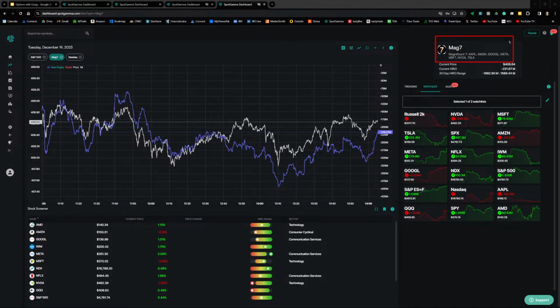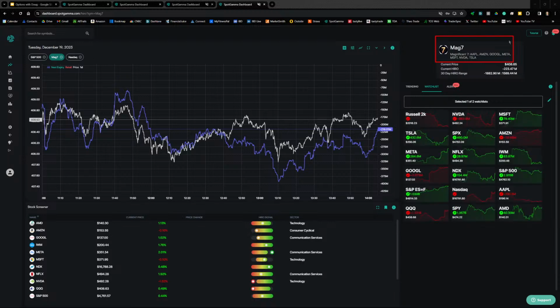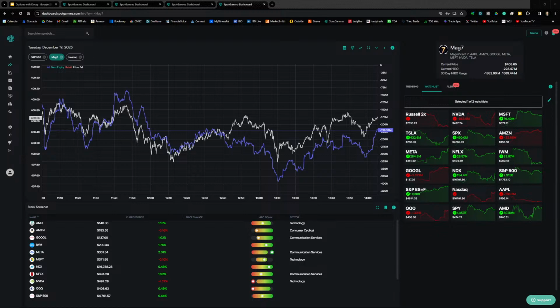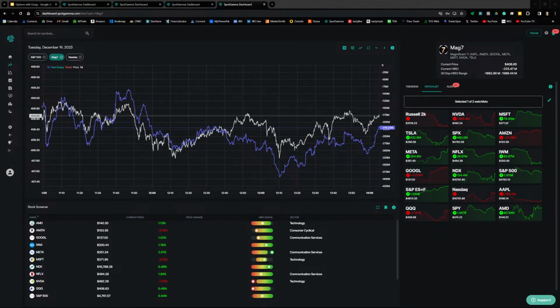That's Apple, Amazon, Google, Meta, Microsoft, Nvidia, and Tesla. And this is a great indicator. These stocks make up a very large portion of the NASDAQ as well as the S&P 500 and often drive price, especially in NASDAQ. All right, let's zoom in on this chart.